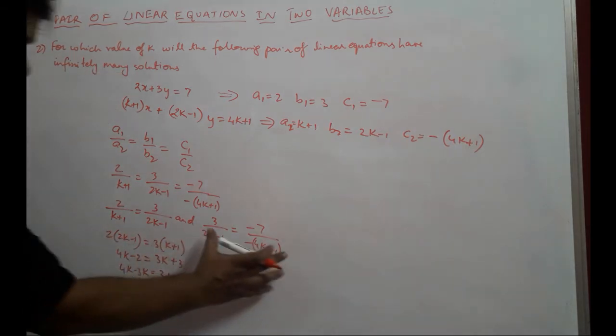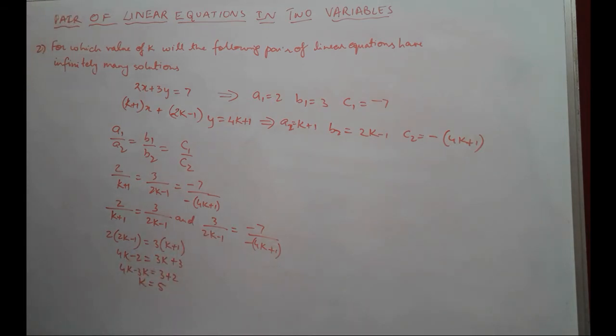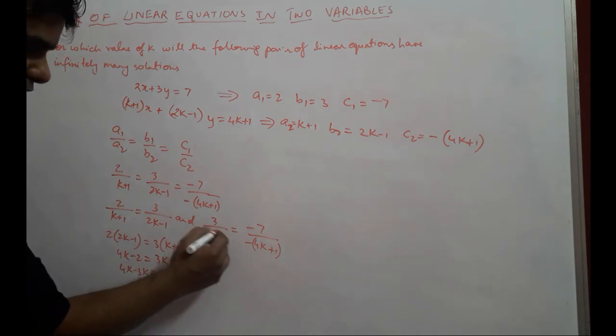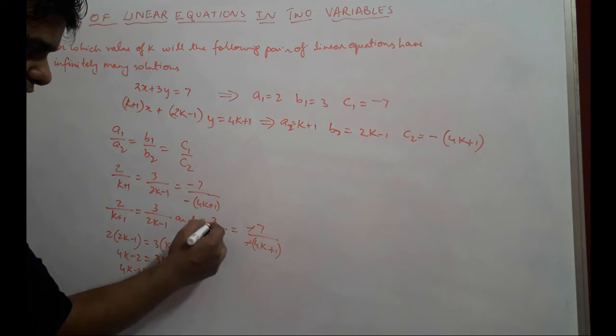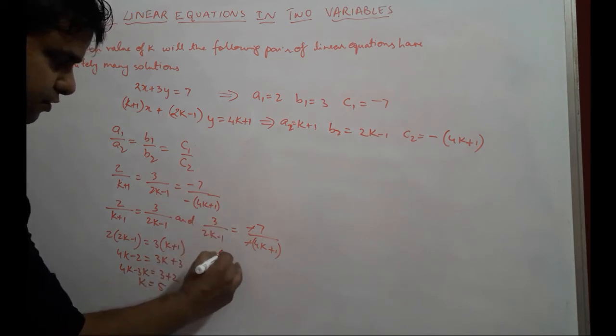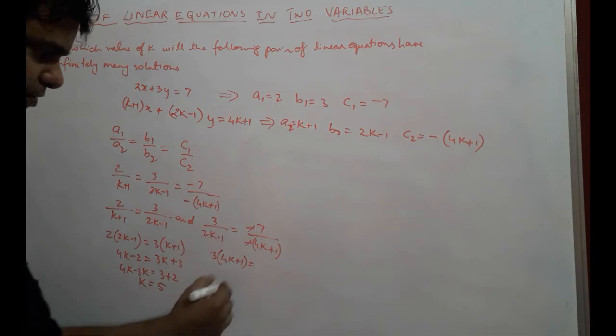If you want, you can even check with the other equation. There's no need for that, but since we are doing it for the first time, I'll just solve it and we should get the same value. So over here minus and minus sign will cancel and 4k plus 1 will get multiplied by 3. So 3 into 4k plus 1 and 7 will get multiplied by 2k minus 1.